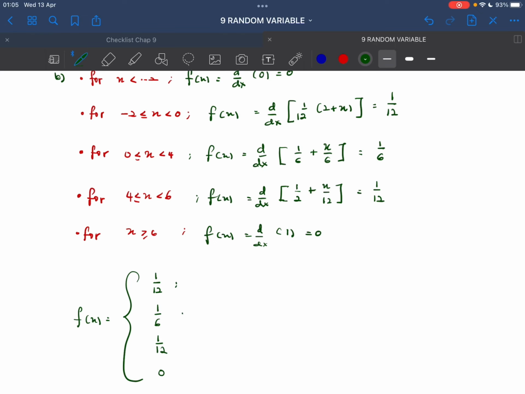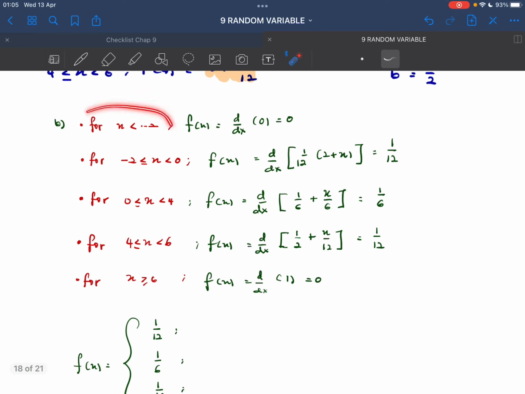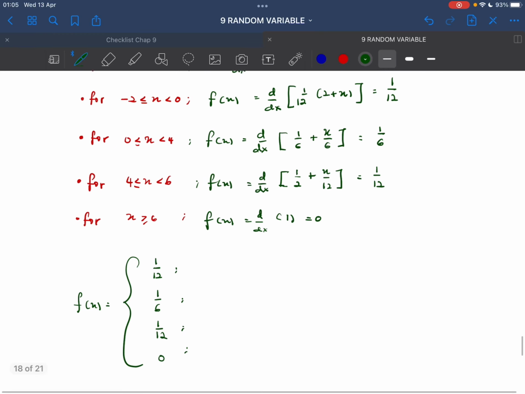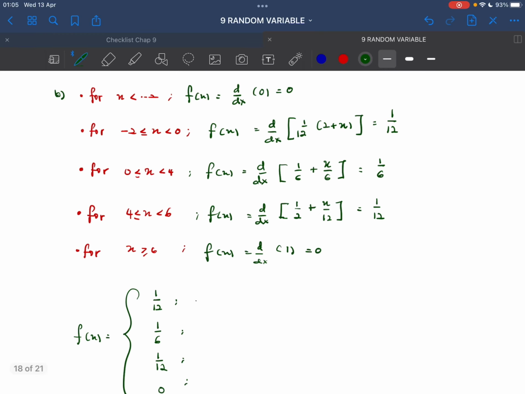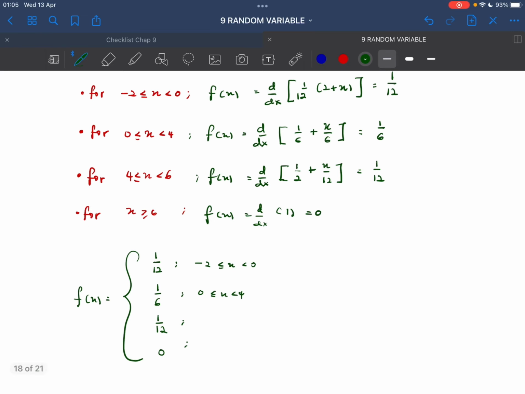Now we just follow the ranges that we wrote in red here. The first 1 over 12 is for -2 to 0, the second is for 0 to 4, the third, 1 over 12, is for 4 to 6, and the last one we have 0, otherwise. Okay, so that is how we find the PDF given the CDF.